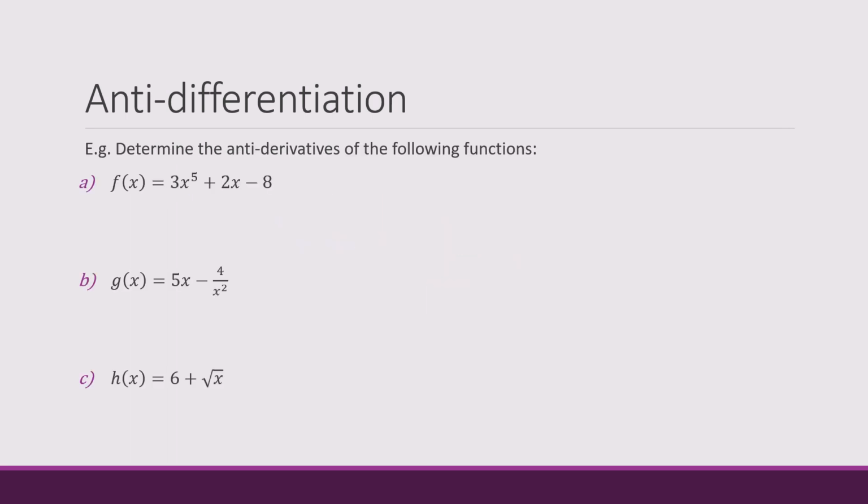All right, so let's do a couple of simple examples. If we've got f of x here, capital F of x is going to equal the integral of 3x to the 5 plus 2x minus 8 dx.